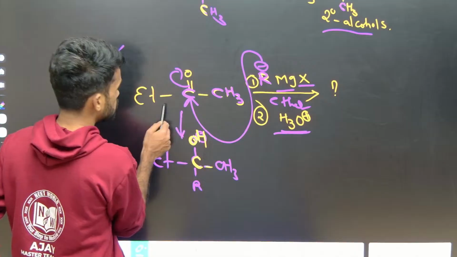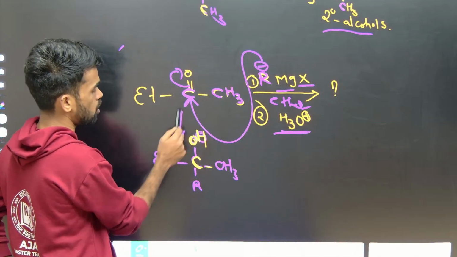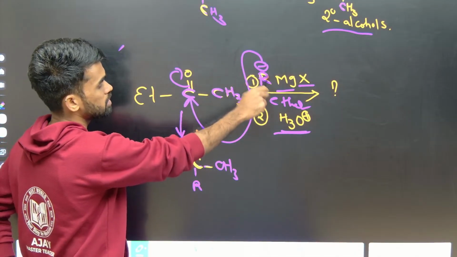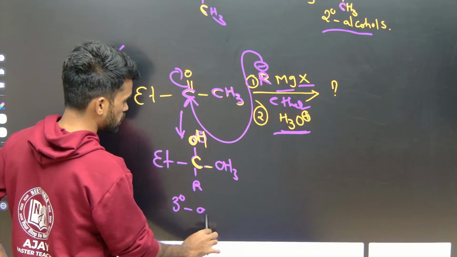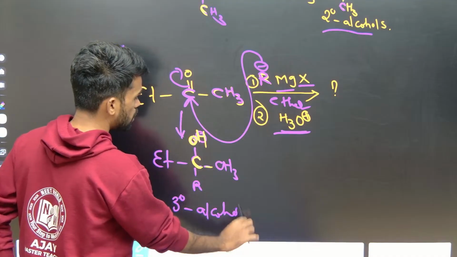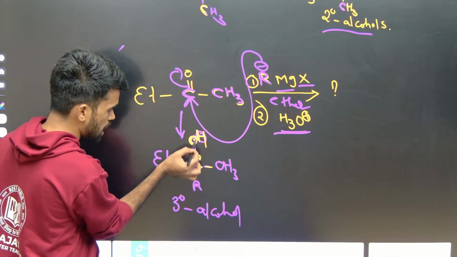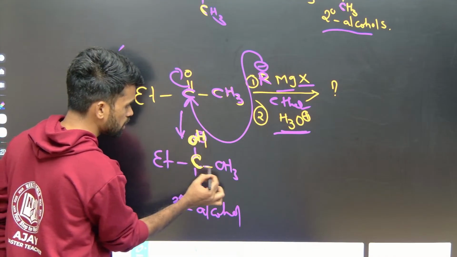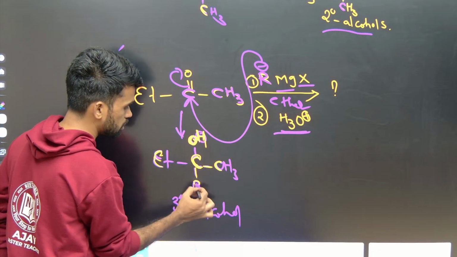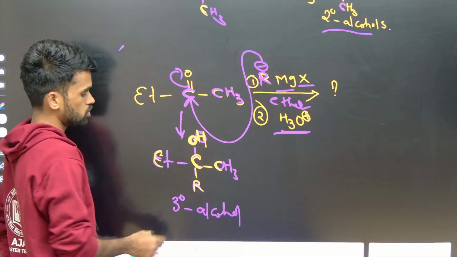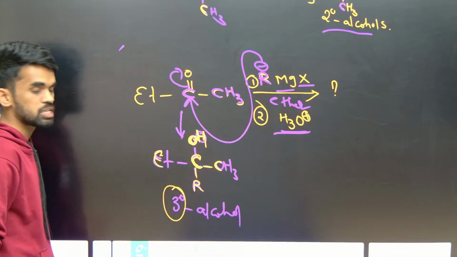Acetone will be a ketone like this. All ketones upon treating with Grignard reagent form tertiary alcohol. See, this is a tertiary alcohol. Why am I saying tertiary alcohol? See, this carbon which is attached to the OH has 3 directly attached carbons, carbons on 3 sides only. So you should say it is a 3-degree tertiary alcohol.